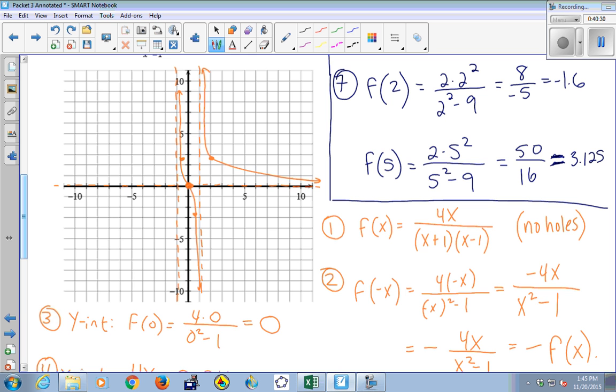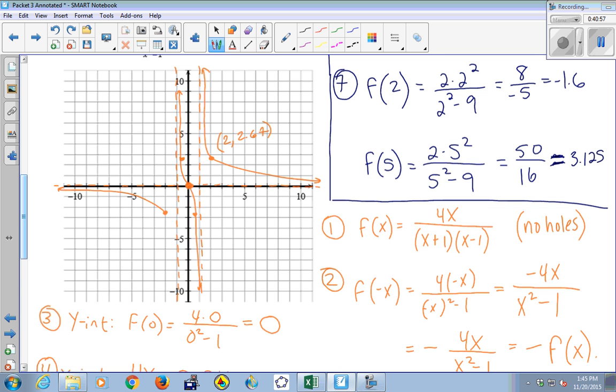And because I have origin symmetry, this point was 2 comma 2.67. What point has to be on the other side of the graph? -2, -2.67. Yep. Opposite x values have opposite y values with origin symmetry. So -2, -2 2/3, and then draw your graph the same way.